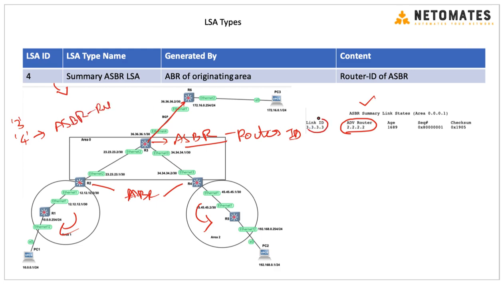If you see, it is telling that 3.3.3.3 is the ASBR and it is advertised by the ABR. Okay, so R3 is the ASBR and R2 is sending that information to this area. Similarly, R4 will do the same thing to area 2.